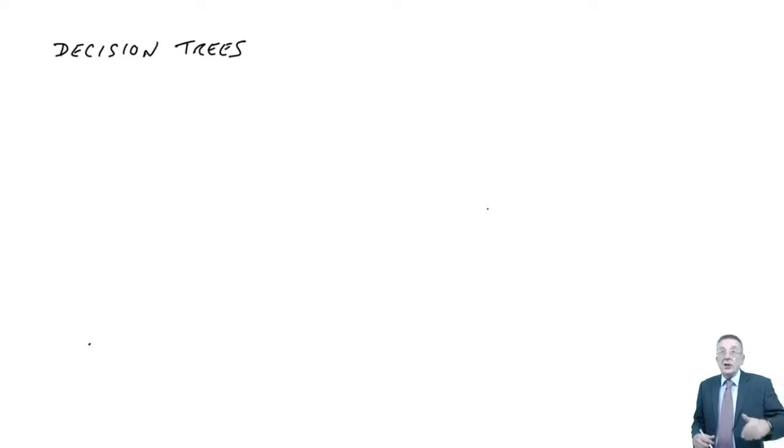Instead of immediately shut down, refurbish, expensive or cheap, we could instead do market research. And only when we know from the market research whether it's likely to be good or not, then decide whether to shut down, expensive or cheap. It's getting more complicated.